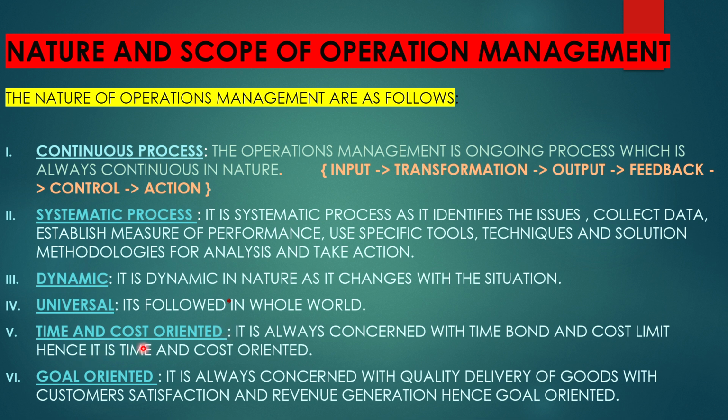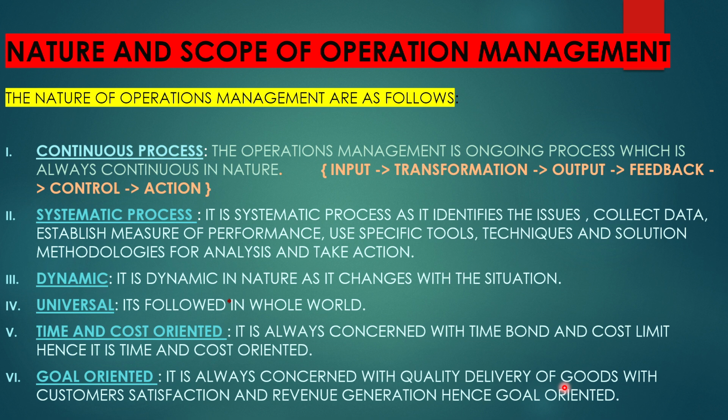Then time and cost oriented: operation management is actually concerned with the time limits, and there is a huge cost involved in that. So hence it is time and cost oriented. It is goal oriented, as all the organizations are concerned with the quality delivery of the goods with customer satisfaction and revenue generation.